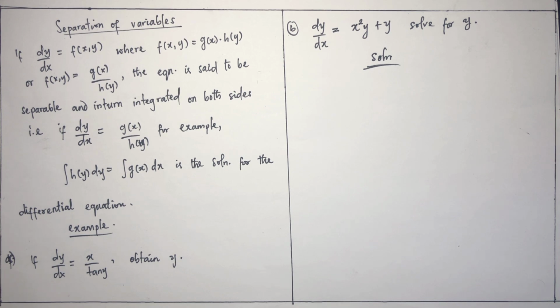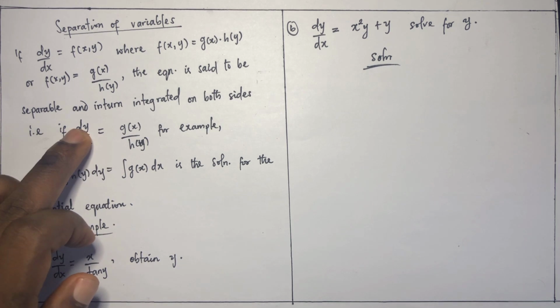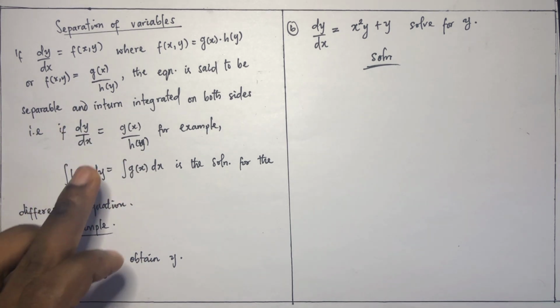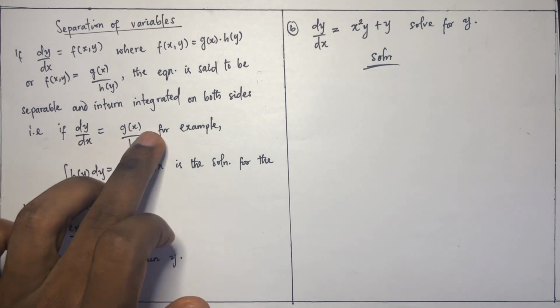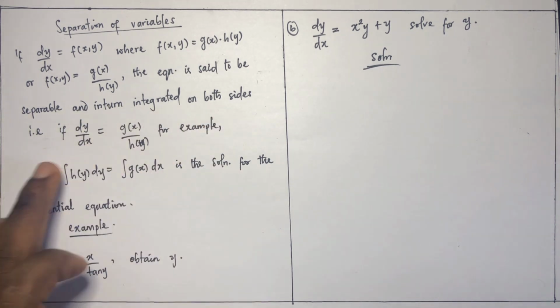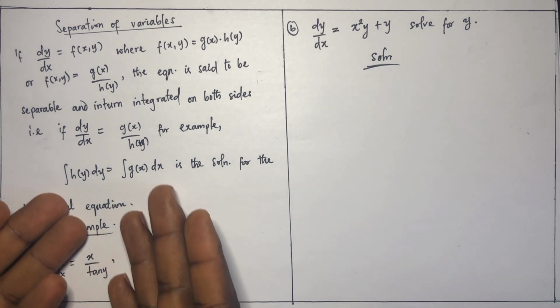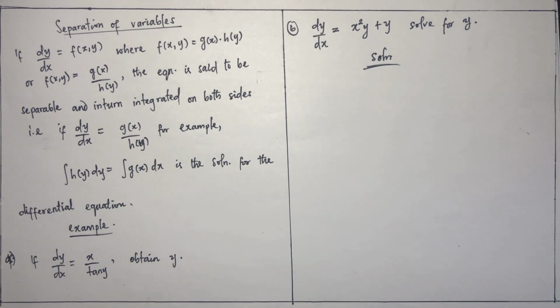That is, if dy/dx is equal to g(x) over h(y), for example, then when you cross multiply, h(y) multiplies dy and g(x) multiplies dx, and it is integrated on both sides. This is practically the solution of our differential equation of the first order in this form.